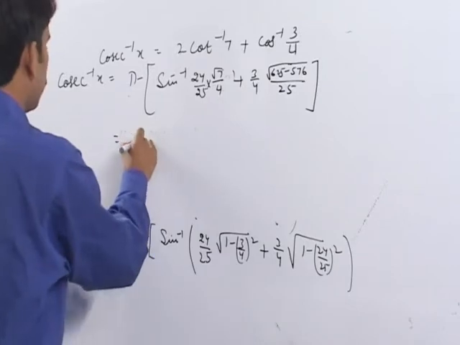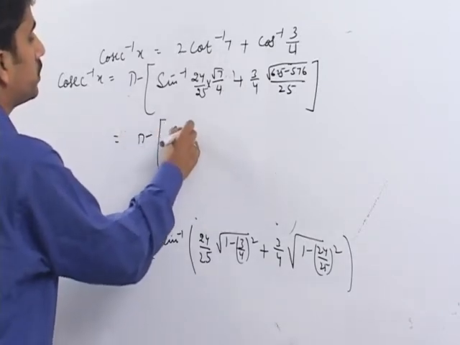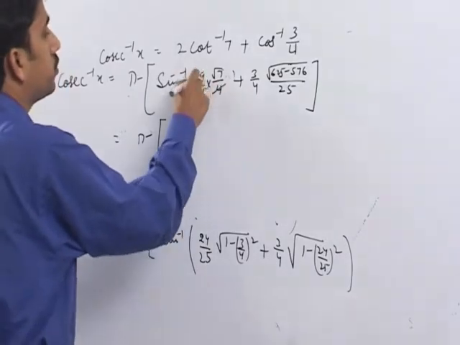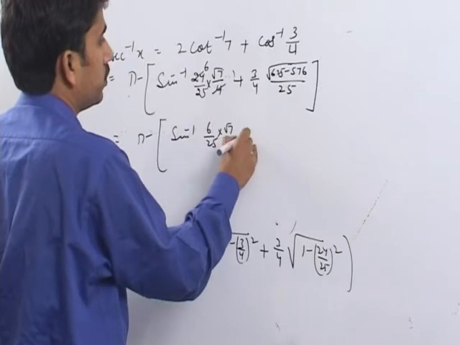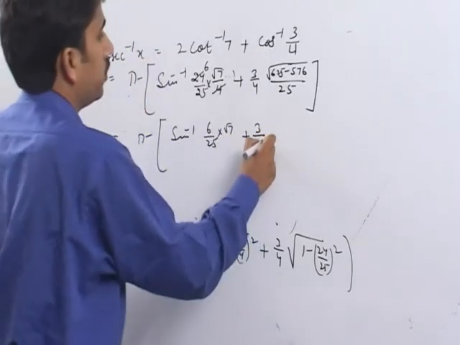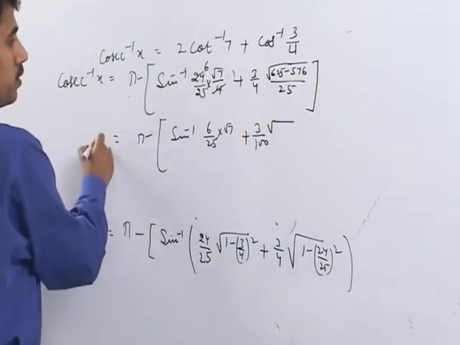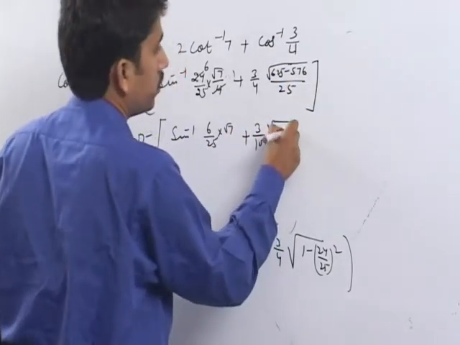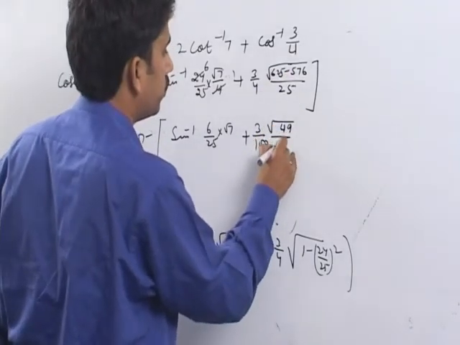And this will be equal to pi minus sine inverse. This is 4 6 25 into root 7 plus 3 by 100 under the root 1569 117 4 over 25.